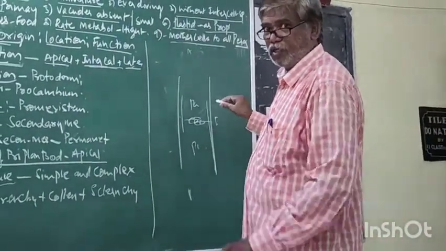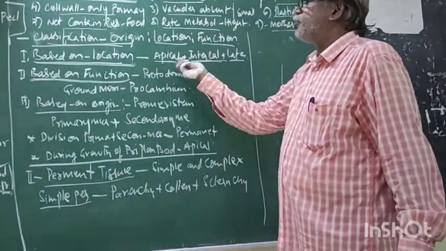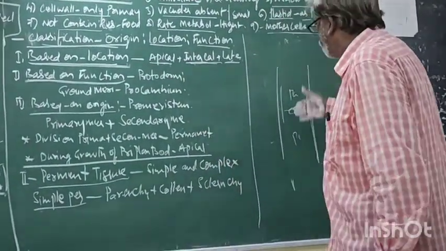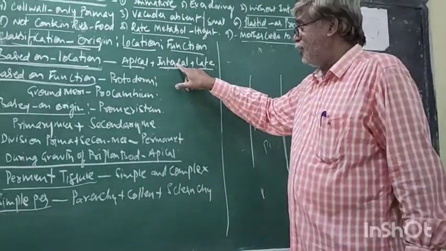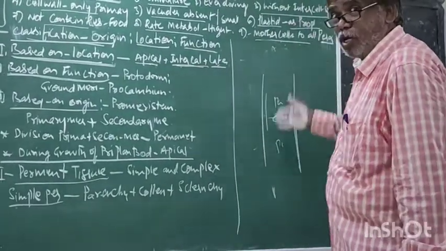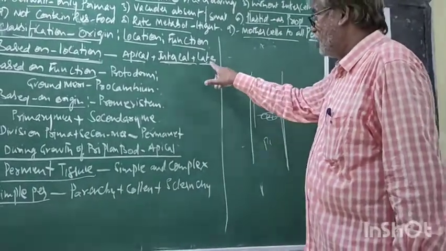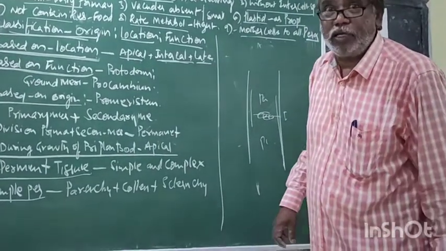This classification is based on location. Apical meristem and intercalary meristem help in vertical growth, or primary growth. But lateral meristem helps in horizontal growth, or secondary growth.